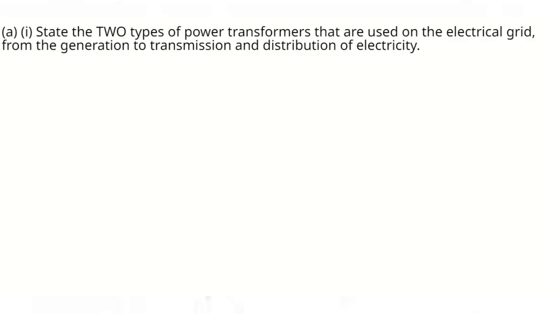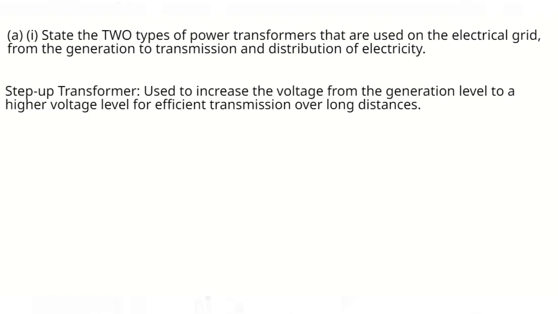So question 1 has asked us to state two types of power transformers that are used on the electrical grid from the generation to transmission and distribution of electricity. The first one is known as a step-up transformer.